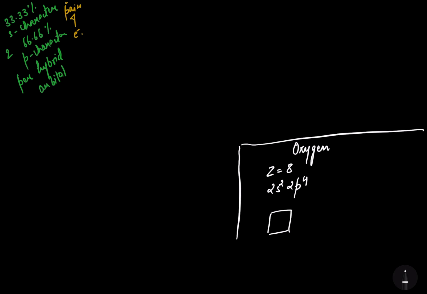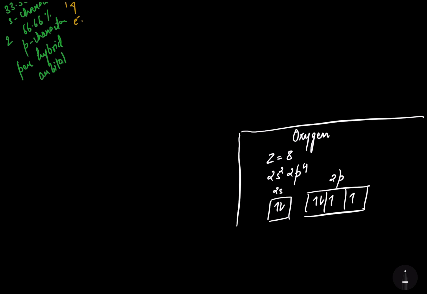That's our 2s, and that's our 2p. So that's 2s2 and that's 2p4. Now oxygen is having 2 unpaired electrons in 2 atomic orbitals.